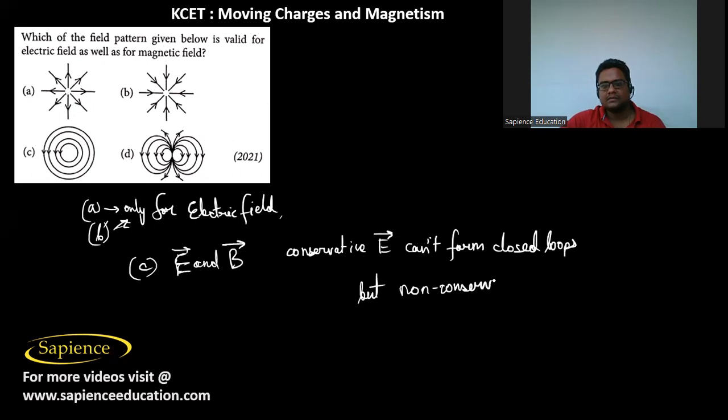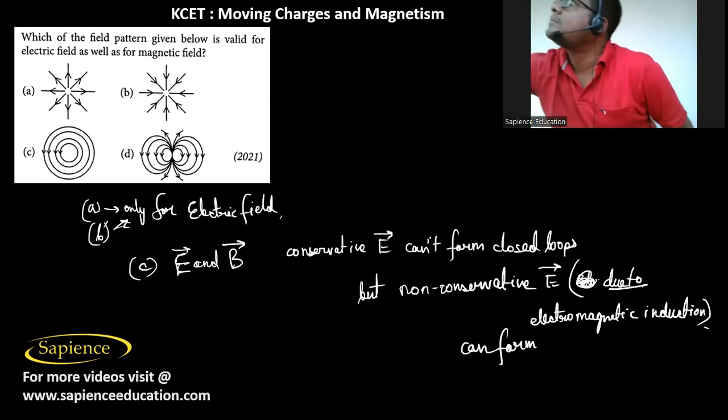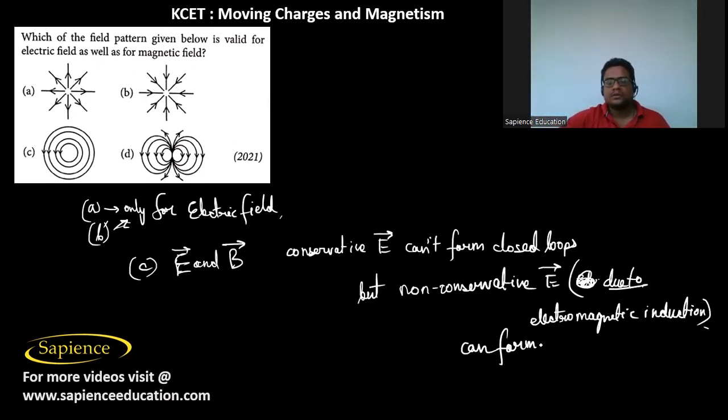The non-conservative electric field arises due to electromagnetic induction, which is Faraday's law, and it can form closed loops.